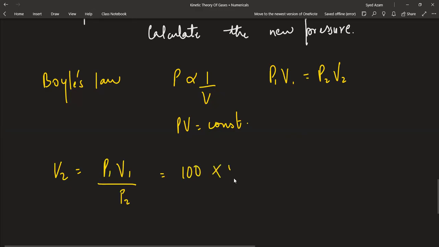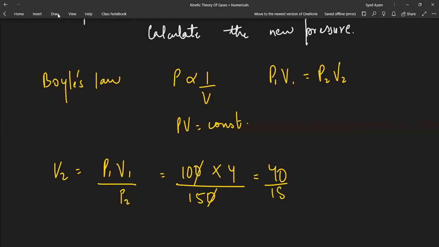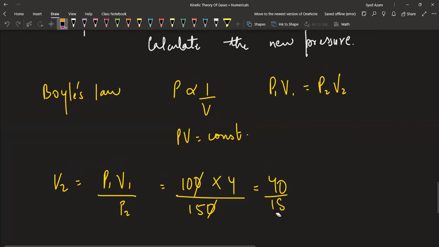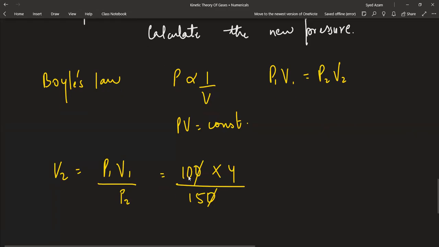Initial volume is given as 4 liters. This is by 150. So 40 by 15, or we can reduce it further also. This is 2, this is 3. So we will get 8 by 3, 2.67 liters.